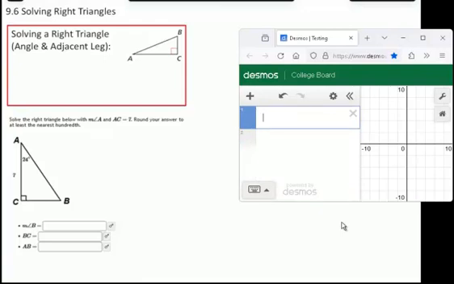All right, so this first time through here, again, you're given one angle. So the easiest piece of information to find out of the three here is going to be the other angle, right? What do we have to do to find this other angle?